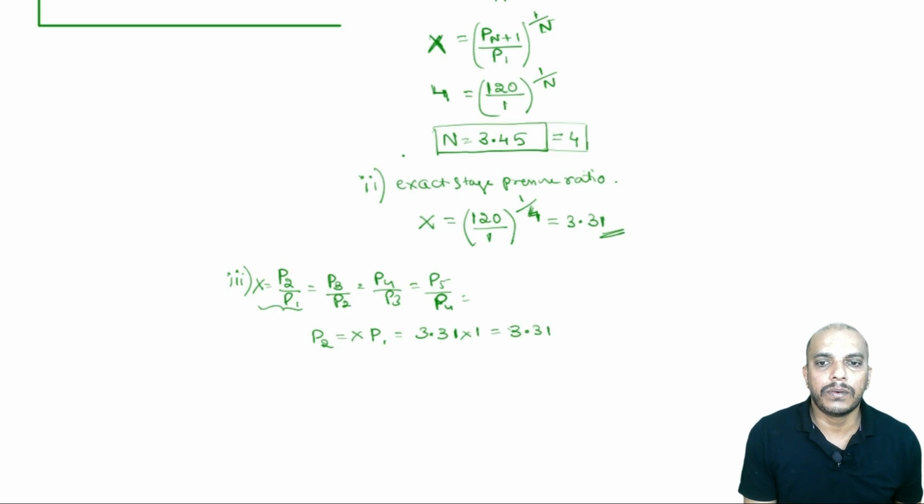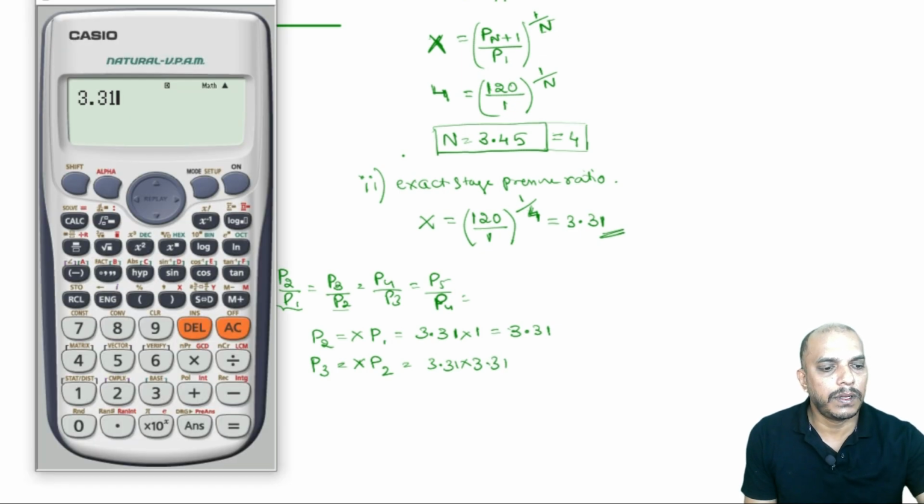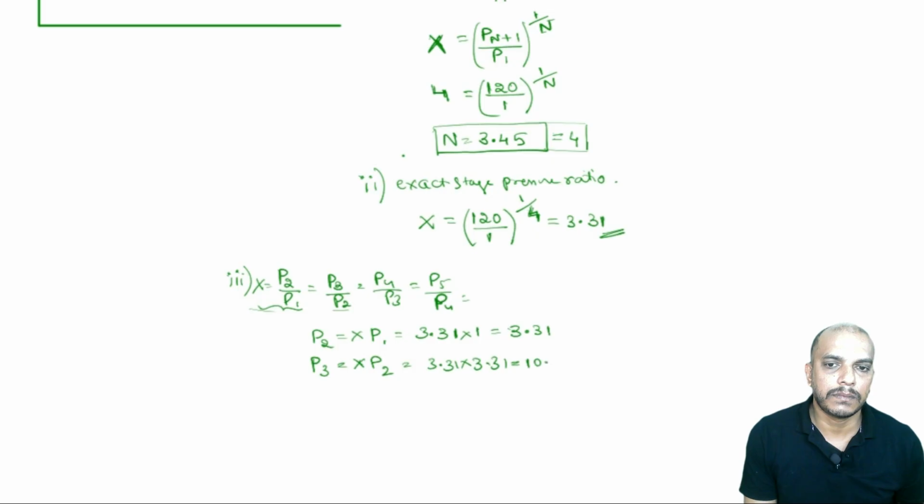Similarly, I will take P3 by P2, so P3 is equal to P2 times x. That will be 3.31 multiplied by 3.31, which is 10.95.